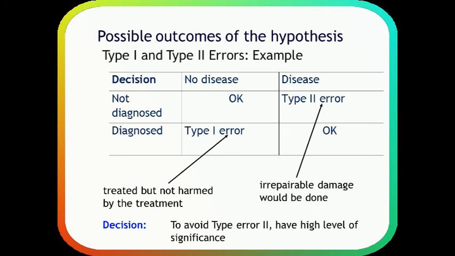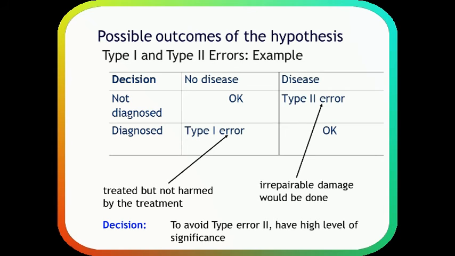So you have to avoid type 2 error. You cannot leave a person undiagnosed when he actually suffers from the disease, otherwise he will end up in complication. So if we look at this concept from the point of view of hypothesis testing, our decision should be to avoid type 2 error, in which case we can have a high level of significance.